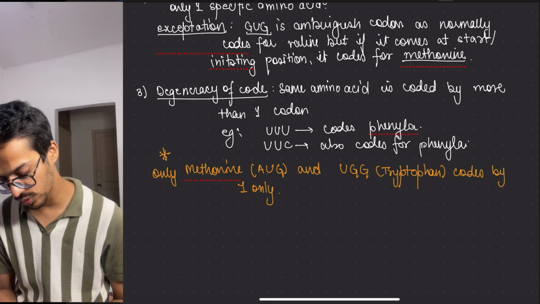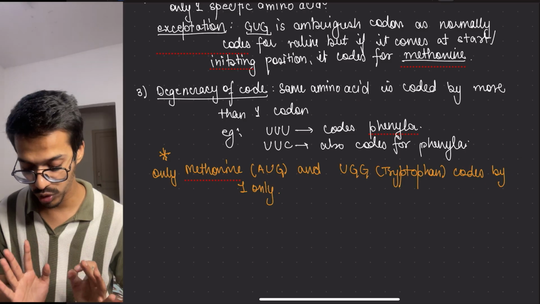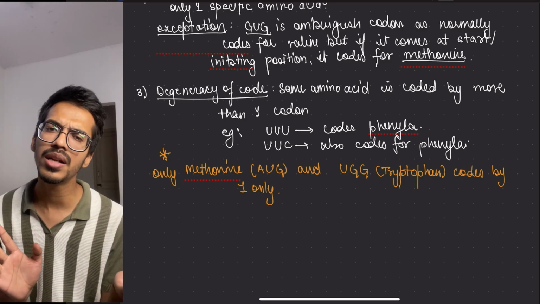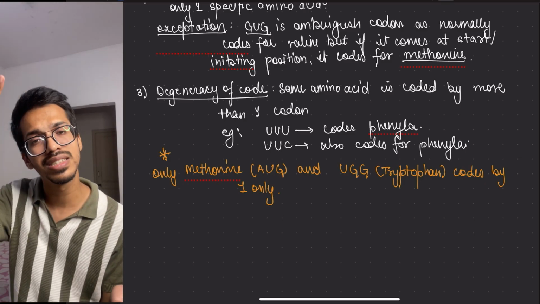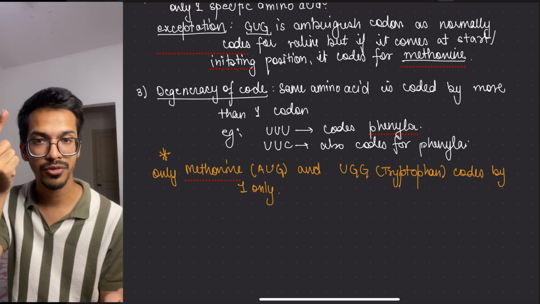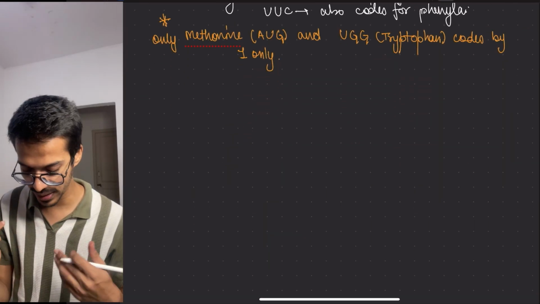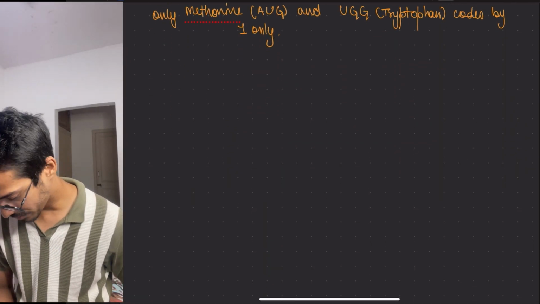That is the only thing you have to remember. So degeneracy is understood now: similar amino acids can be coded by different codons, but a codon can code for only one. The first one is degeneracy, and the latter one, which I spoke about, is the non-ambiguous nature.